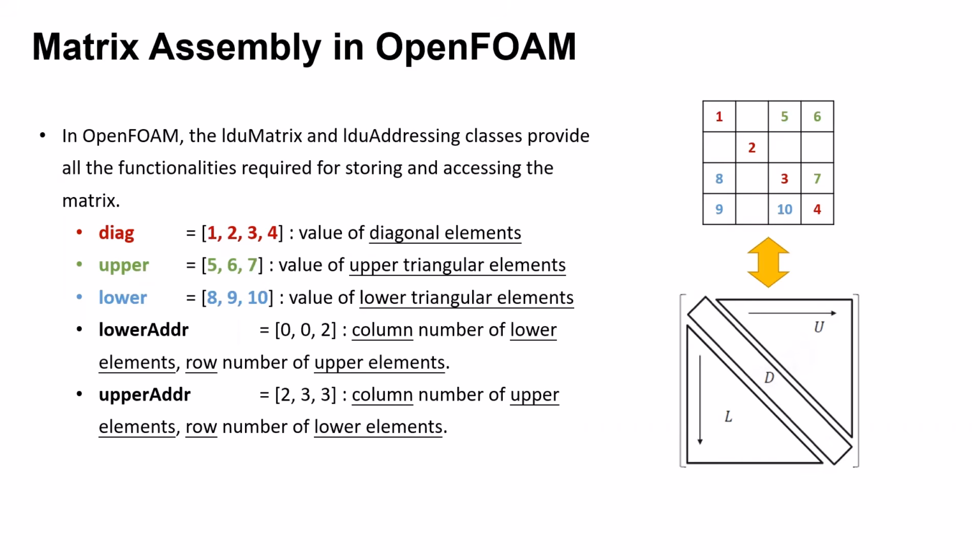The LduMatrix stores this matrix in three arrays: the diagonal array, the upper array, and the lower array. The LduAddressing helps us to access the off-diagonal entries. For example, the lower address represents the column number of the lower elements and the row number of the upper elements.